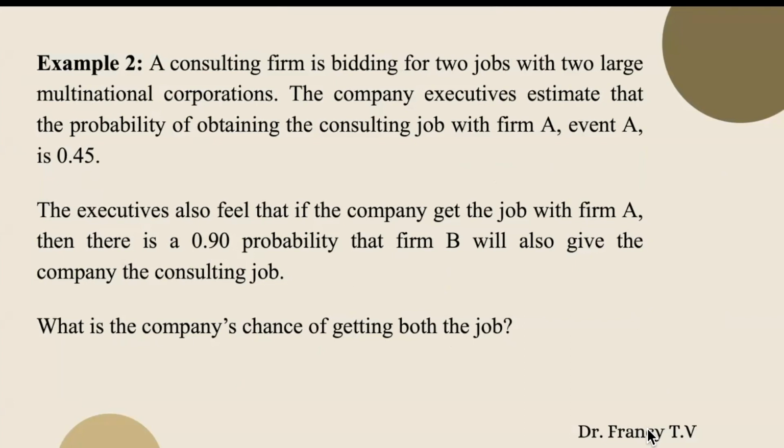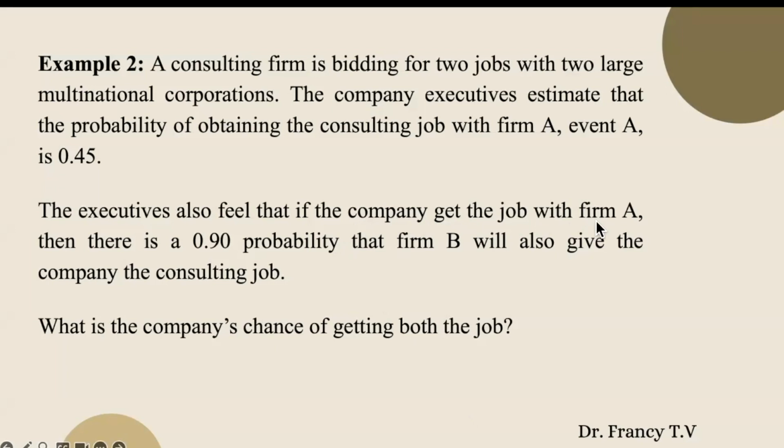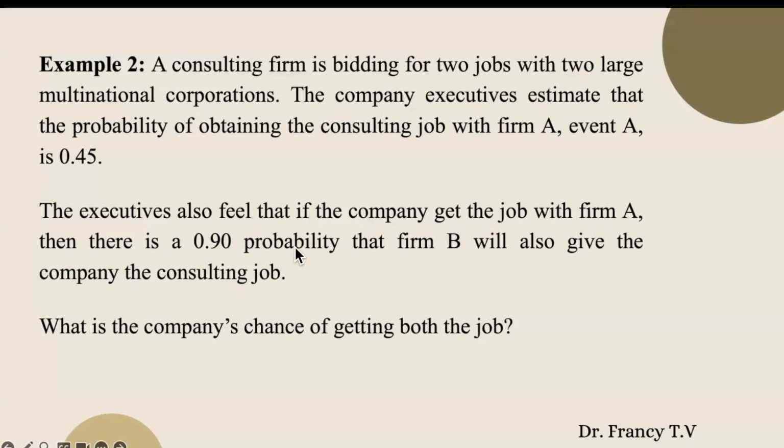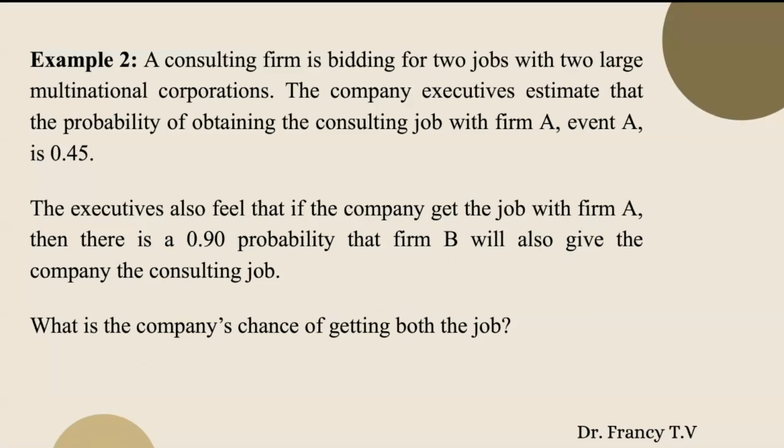The executives also feel that if the company gets the job with firm A, then there is a 0.90 probability that firm B will also give the company the consulting job. What is the company's chance of getting both the jobs?